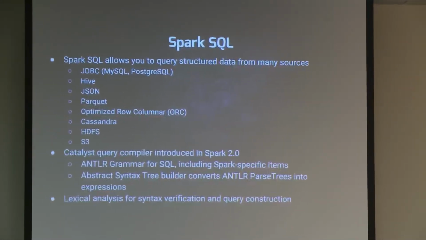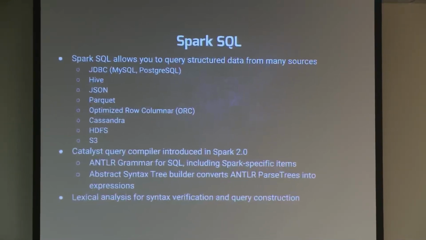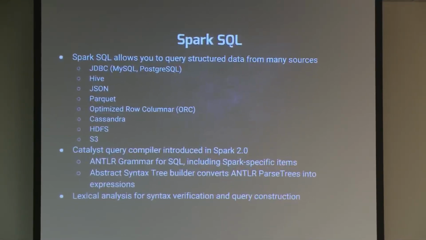You can work with traditional JDBC, Hive and HiveQL, JSON. Anybody deal with Parquet files or anything like that? But then you can deal with other things. For example, you can pull stuff in from S3 and work on that. It lets you create structure out of your data and then query against it. It doesn't have to be native SQL, but allows you to query anything like you would in SQL.